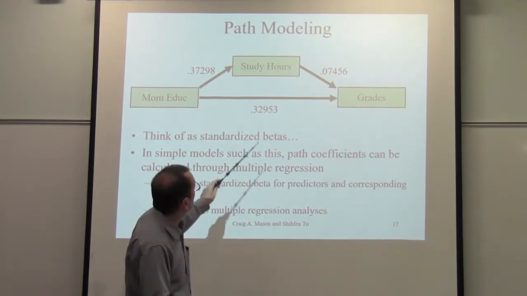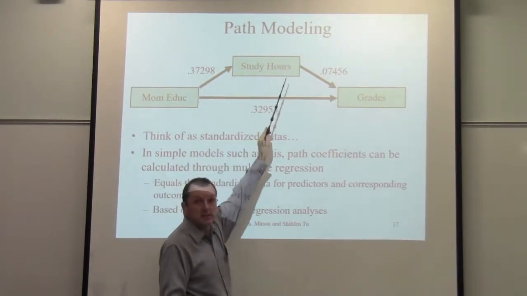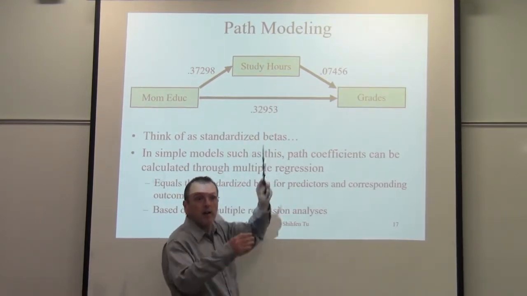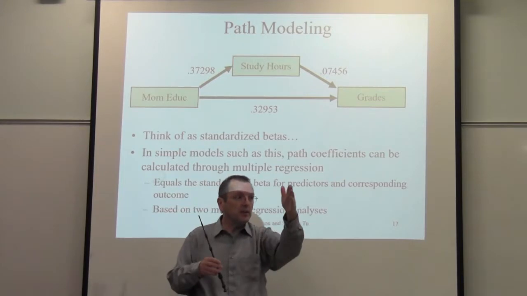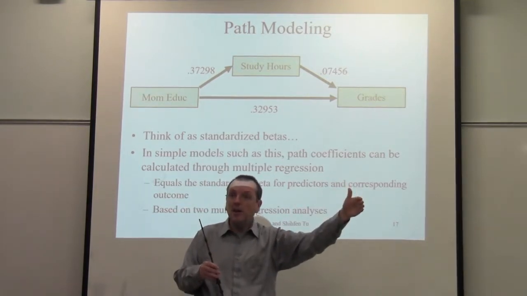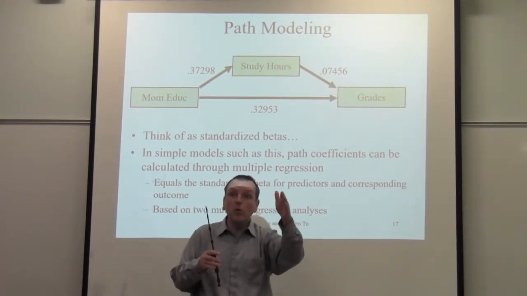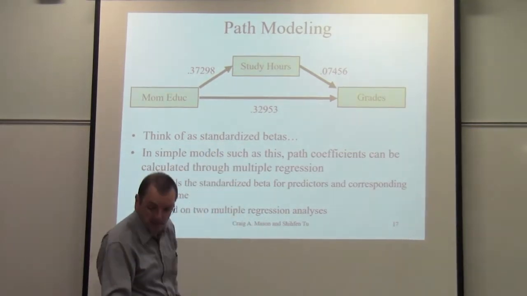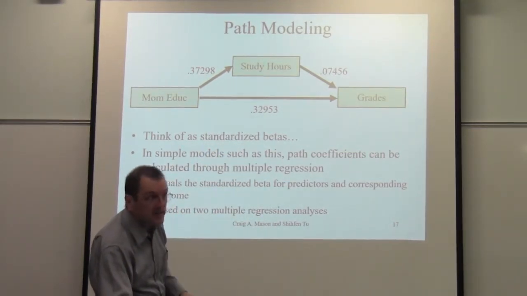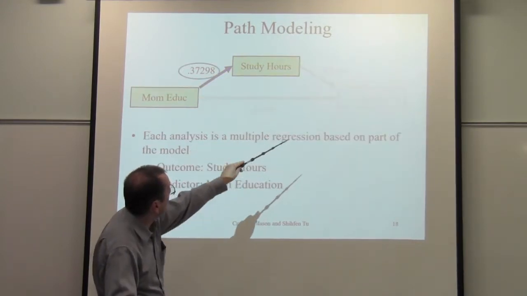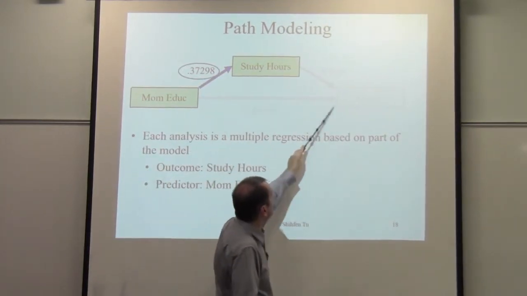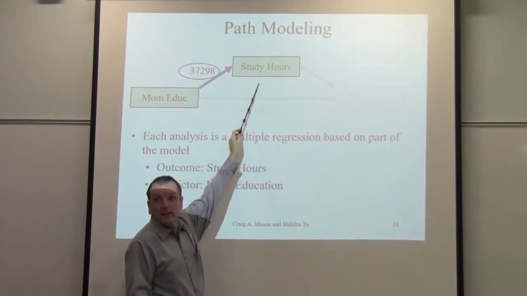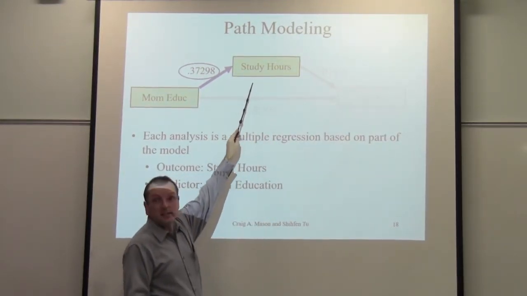Kind of the first one is you just break it into pieces, with each variable in that sequential model being the outcome for the model leading up to that. So here's our overall model. The first step would be, let's ignore grades for a minute. You can see I've shaded it out. And we're only going to look at predicting study hours.